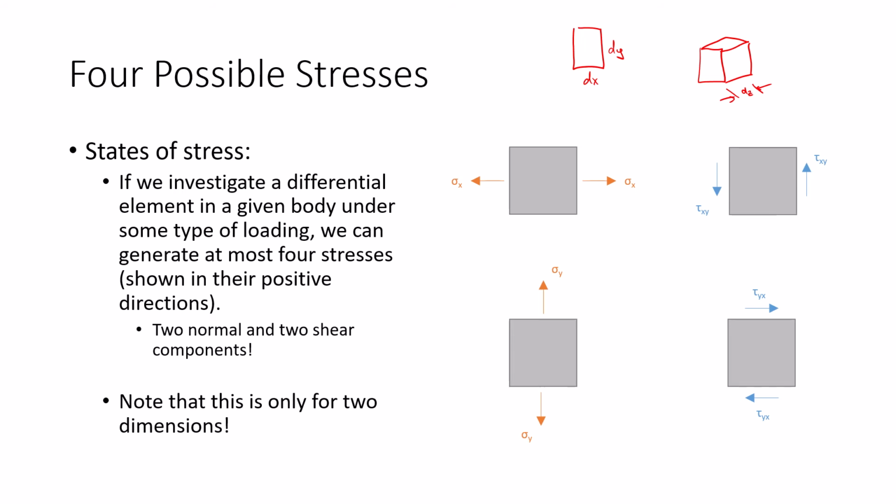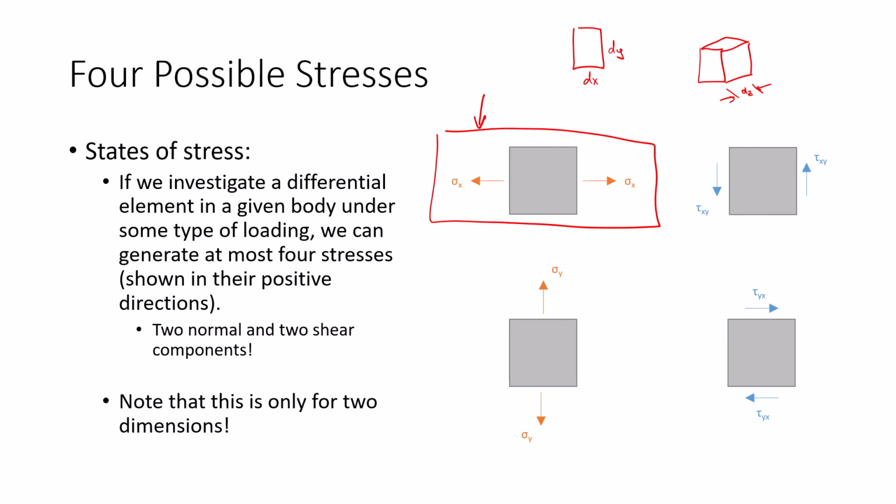So I propose that we're looking at a situation where we could have at most 4 stresses: 2 normal components and 2 shear components, right? For example, this is a stress. Notice how if I look at this first stress right here, they have to be equal and opposite for equilibrium to be maintained, right?